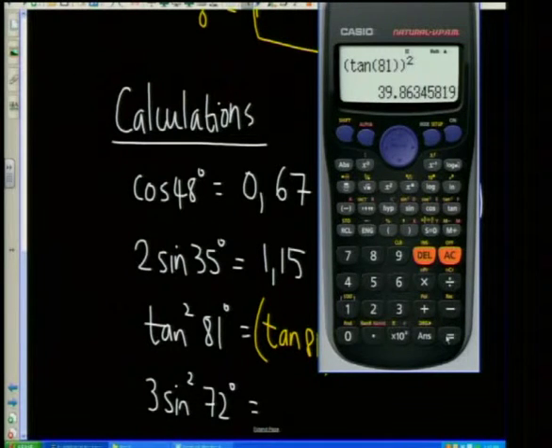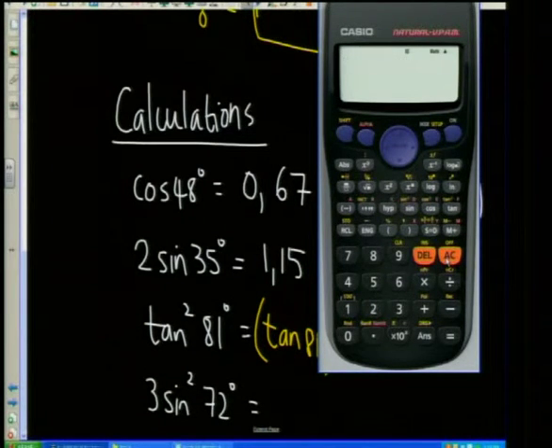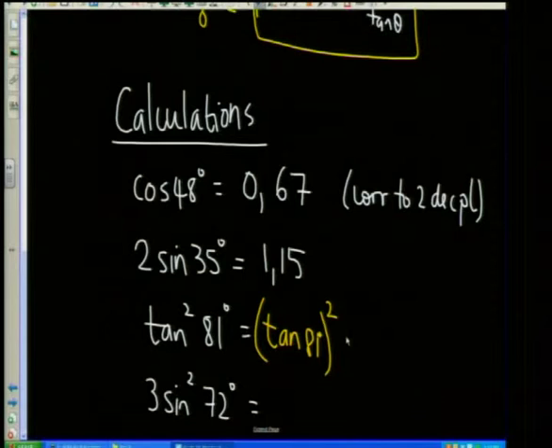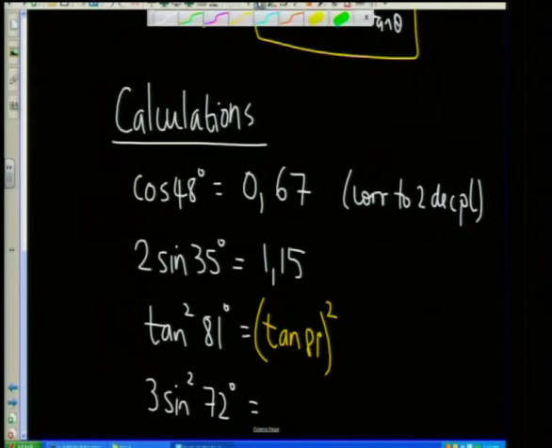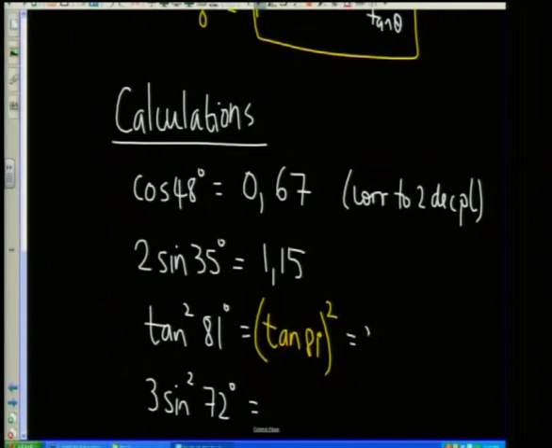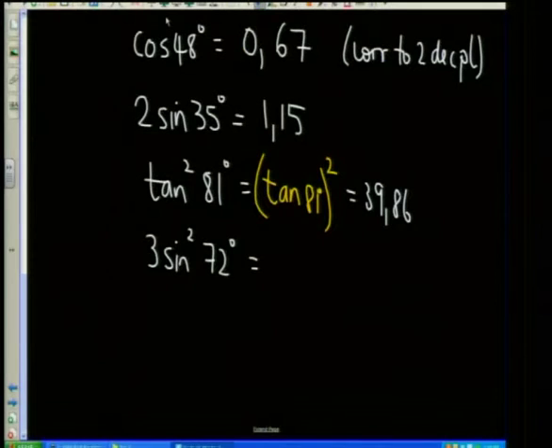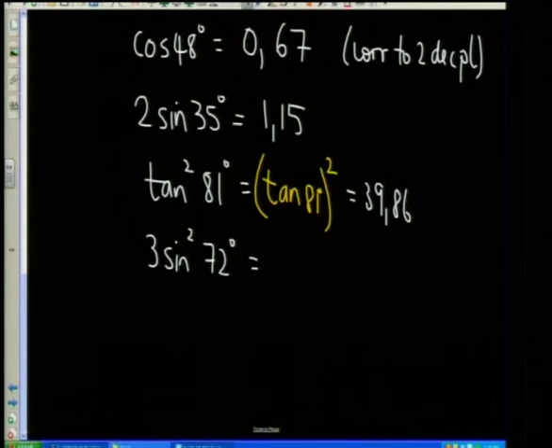So it facilitates the calculation there. So that gives us 39,86. Right, and then 3 sine squared 72, what would that give you?